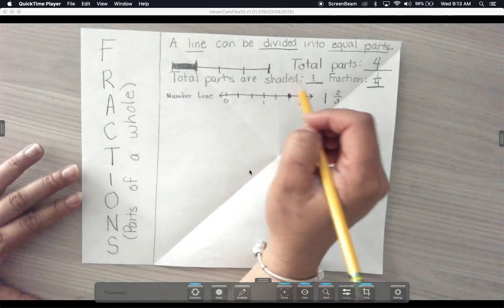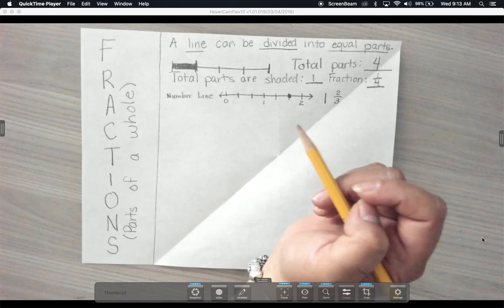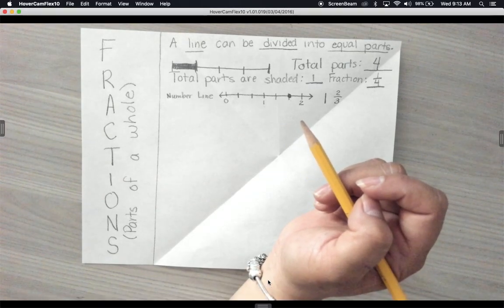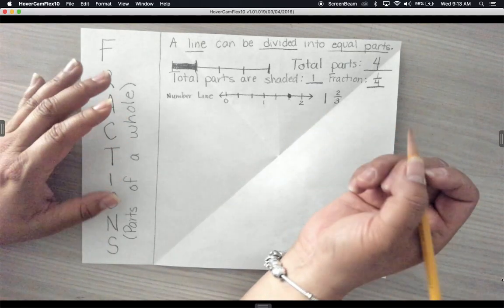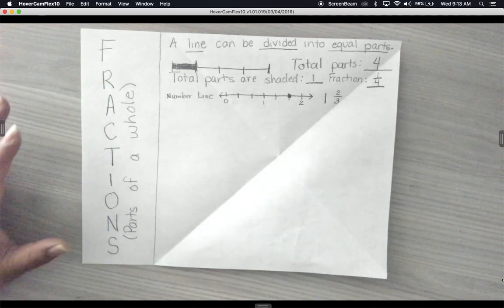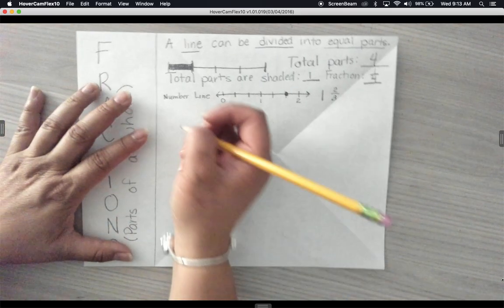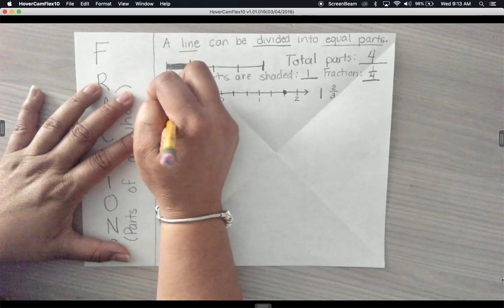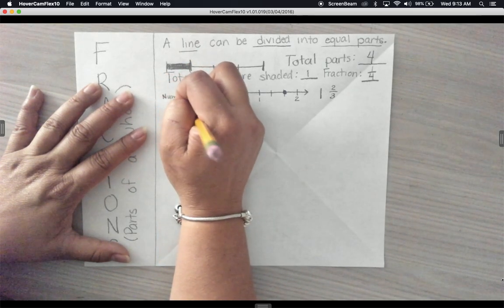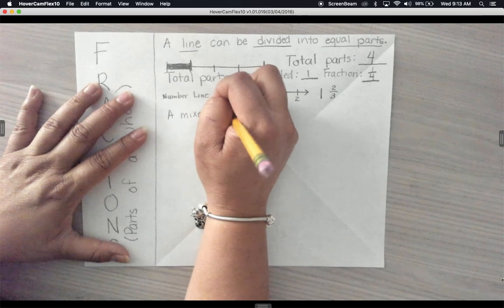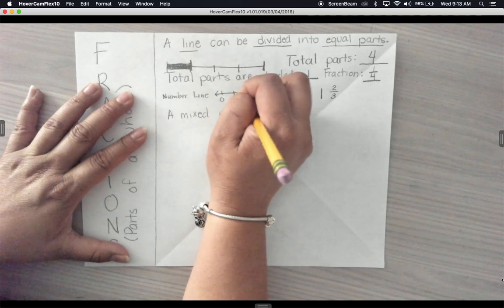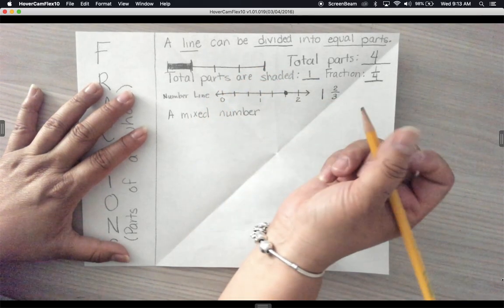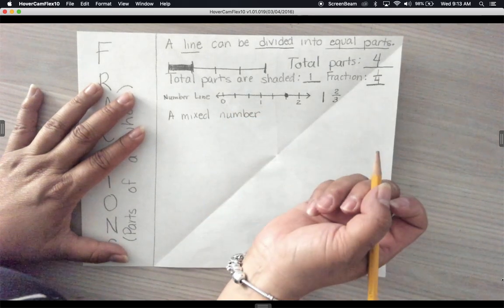And I told you this was going to lead into our next vocabulary term, which is what? A mixed number. So let's talk about a mixed number. Because remember, a fraction is a number, right? So we could call it a mixed number or fraction.